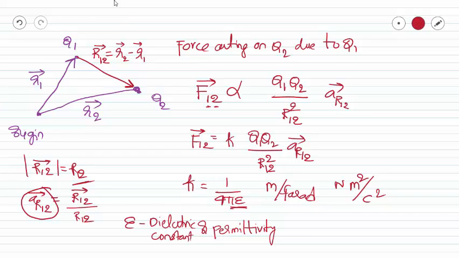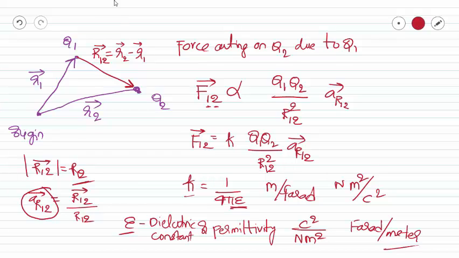It has units of Coulomb square per Newton meter square, or we can write it as farad per meter. So these are the units of this dielectric constant.